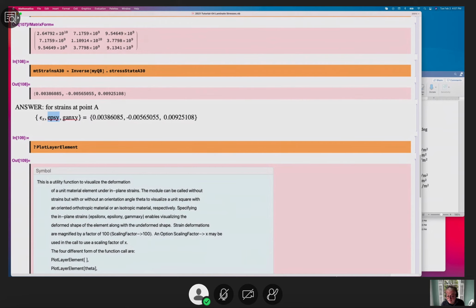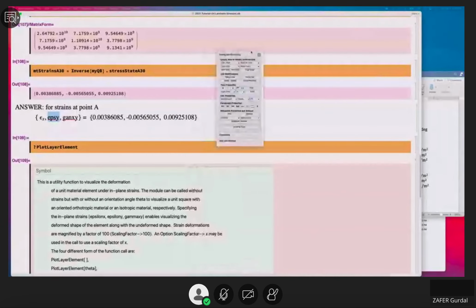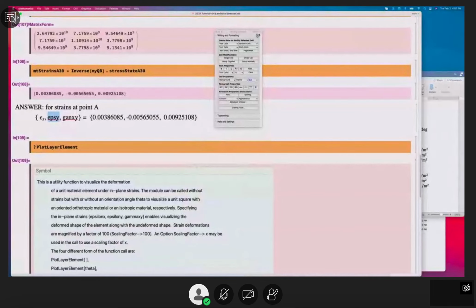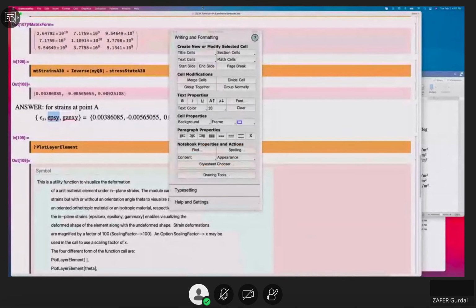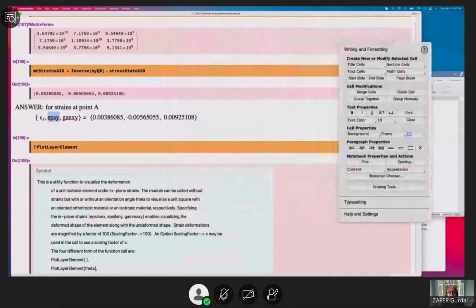All right? And here comes a panel. This is the panel that comes up. Make it large. Here's your assistant for writing. Title cells, text cells.